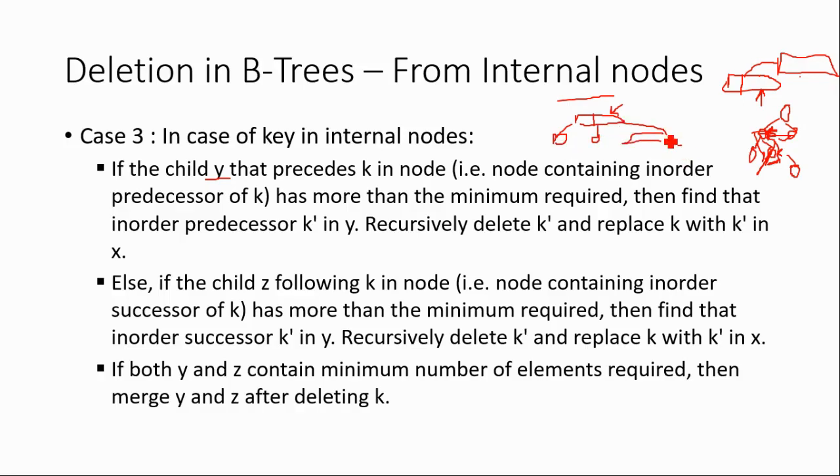Then what will happen is that the child that precedes k in node x means the node containing the in-order predecessor of k. If you have an element in the internal node, then its in-order predecessor means the element that comes before this deleted element in in-order traversal.